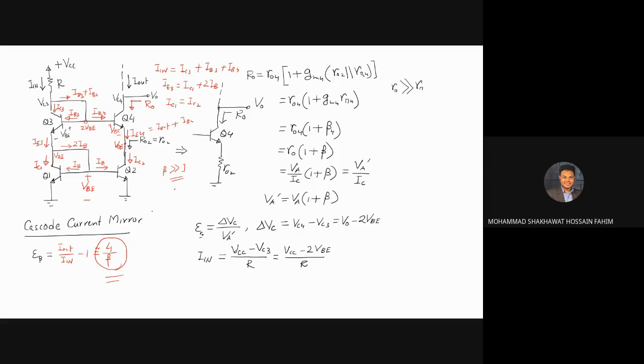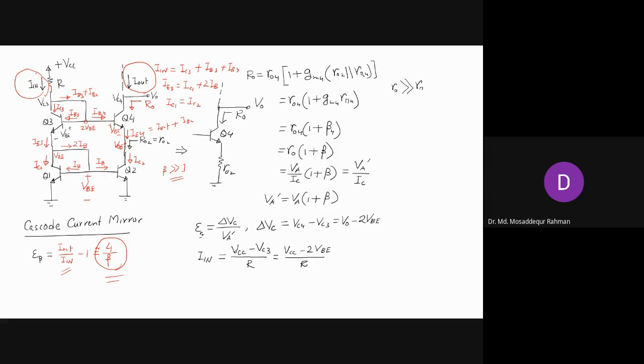Sir, how did we get 4 by beta there? What is I out? This I out. This I in. You have to write all the equations for the different transistors and then solve them, and finally get the expression for I out by I in, subtract 1, and then assume that beta is much larger than 1, then you can get this.